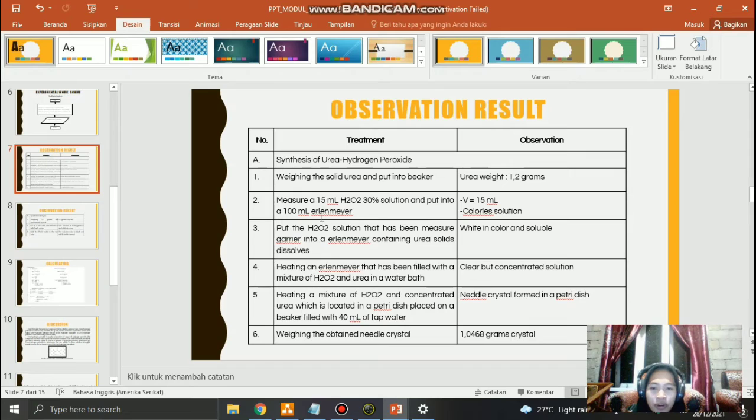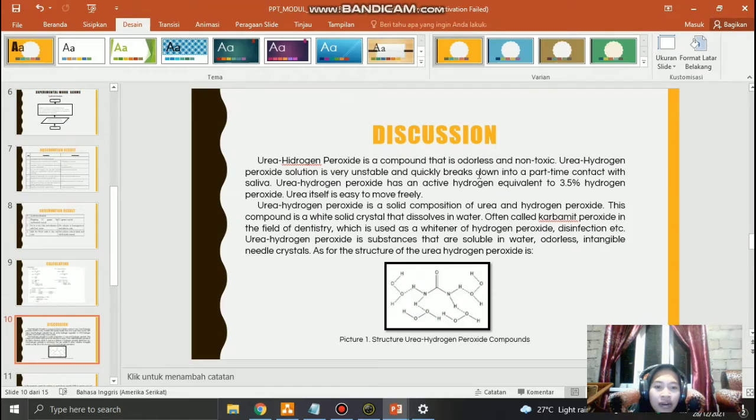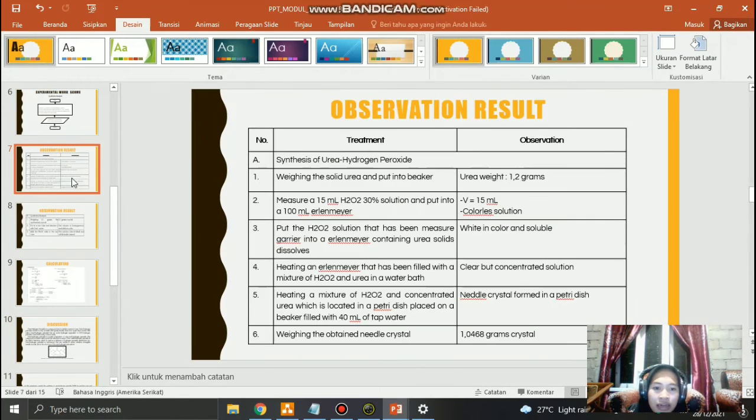Treatment 4. Heat the Erlenmeyer filled with the mixture of H2O2 and urea in a water bath. Observation: clear but concentrated solution. Treatment 5.